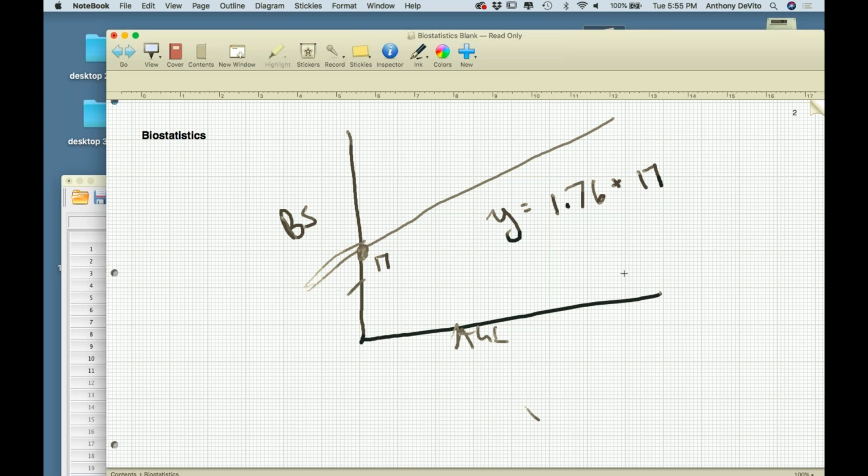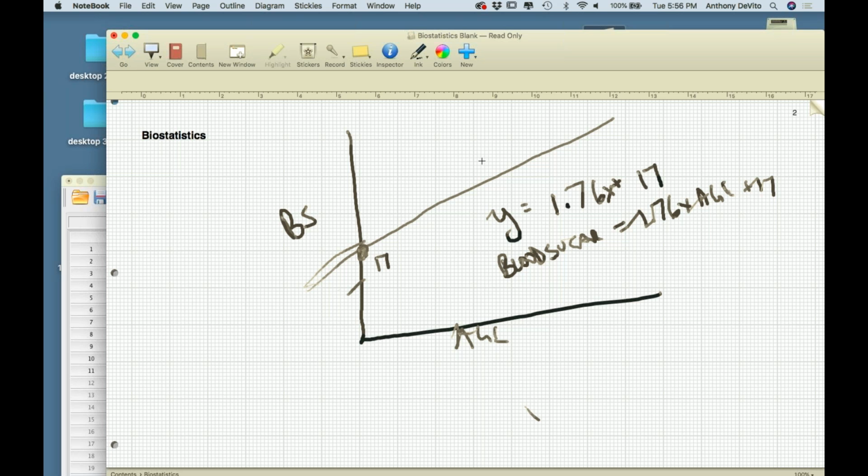So now, this is x. In our case, y represents blood sugar. Blood sugar is equal to 1.76 times a person's age plus 17. So what does that mean to us? That means that if I want to predict a person's likely blood pressure, I can just fill in his age here.